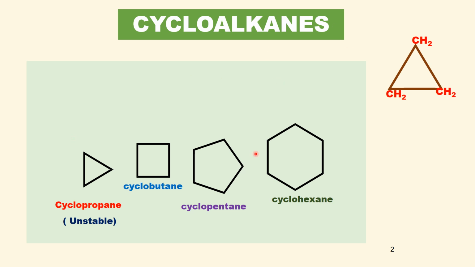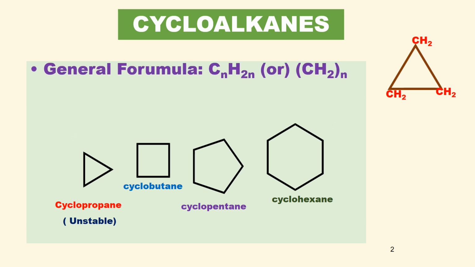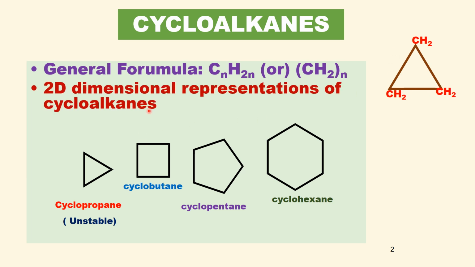Okay, what are cycloalkanes? The general formula of a cycloalkane is CnH2n. For example, cyclopropane. These are the two-dimensional representations of cycloalkanes: cyclopropane, which is very unstable, cyclobutane, cyclopentane, cyclohexane.